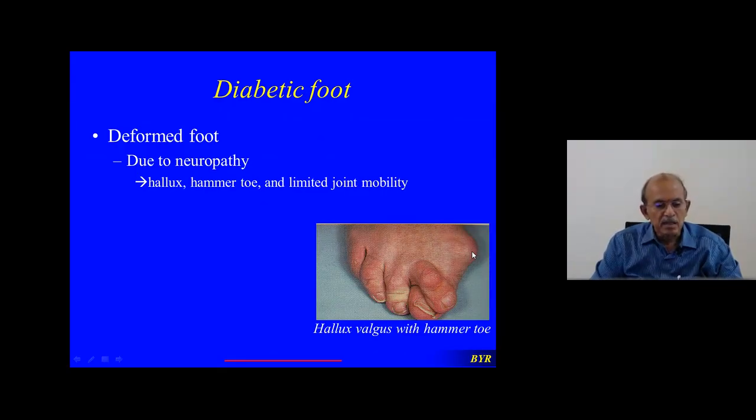If there is abduction, we call it valgus. If there is adduction, we call it varus. Adduction is varus, V-A-R-U-S. Abduction is valgus. Anyway, you can refer to your orthopedics book tomorrow and confirm it.